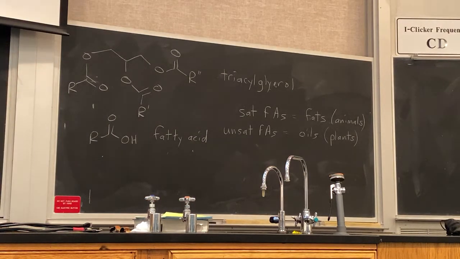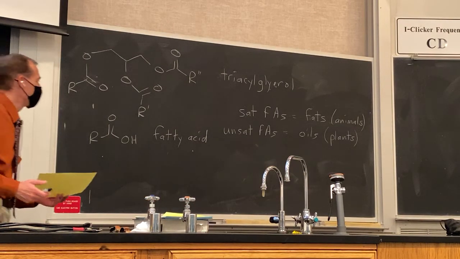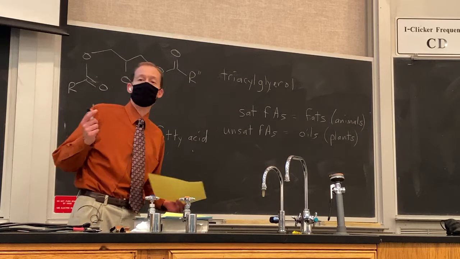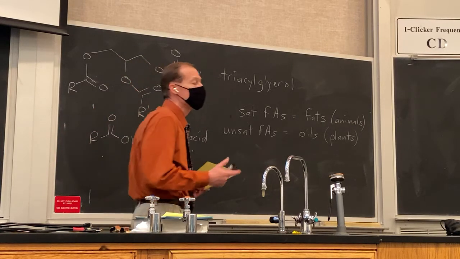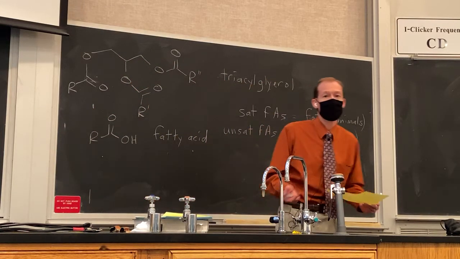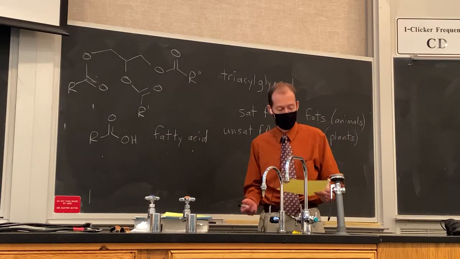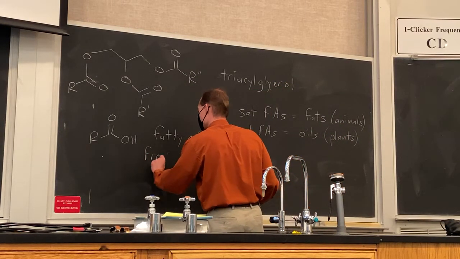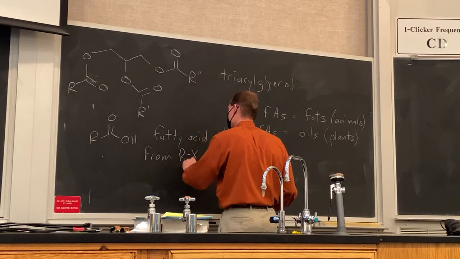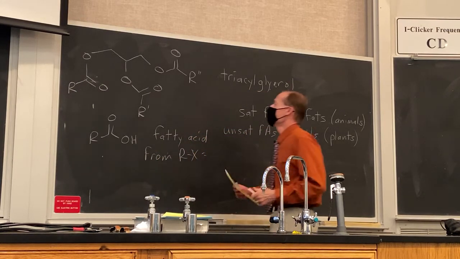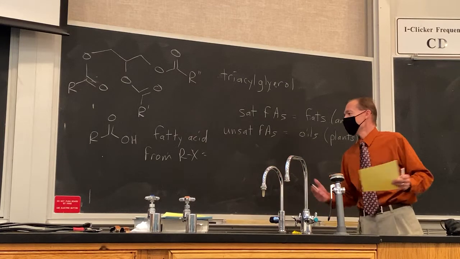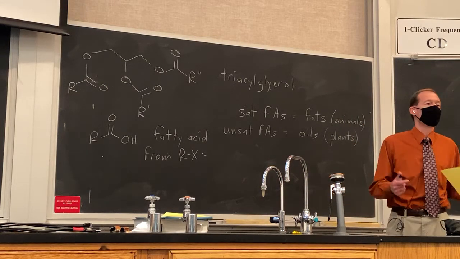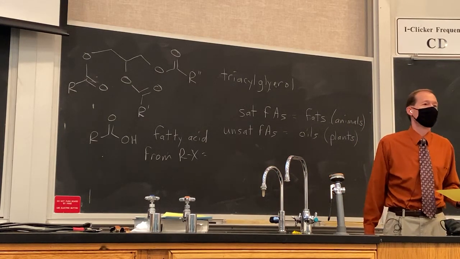All right, so let's talk briefly about how alkenes are synthesized. We've learned some reactions for preparing alkenes earlier in the class. So if we were to start from an alkyl halide to try to make an alkene, what reaction would we use?